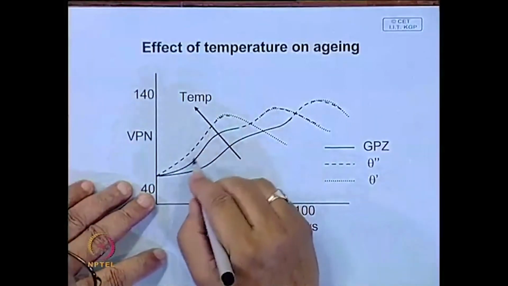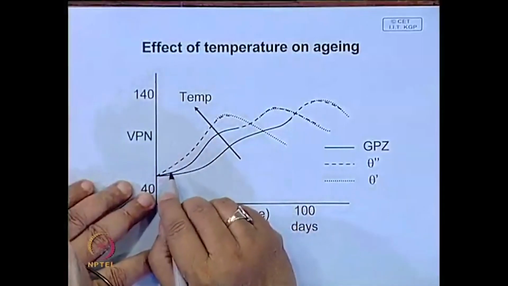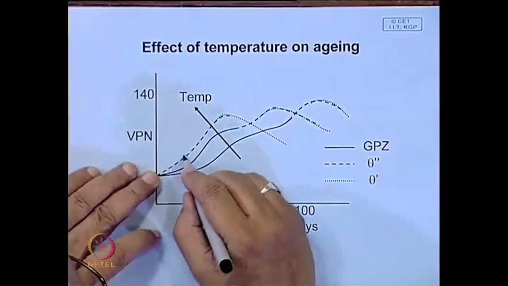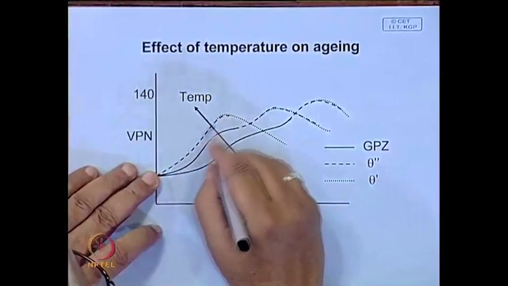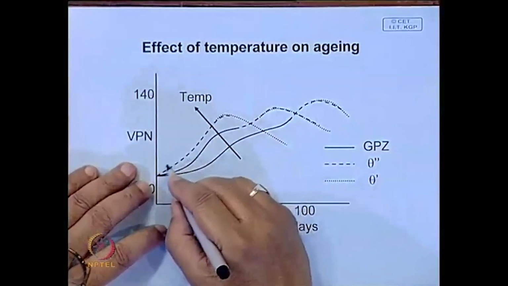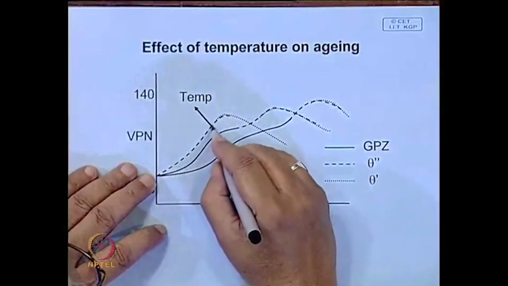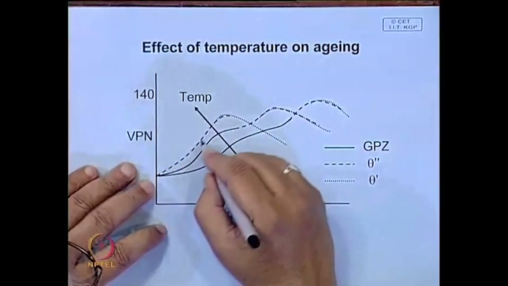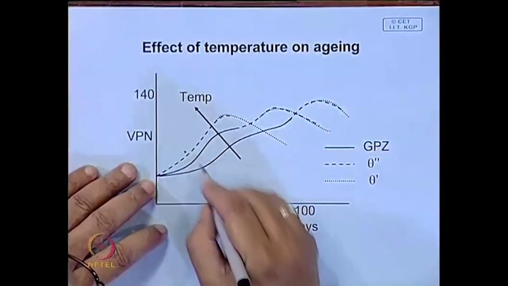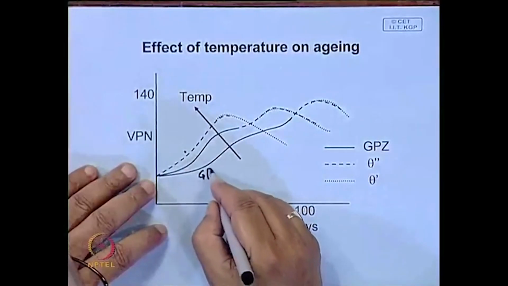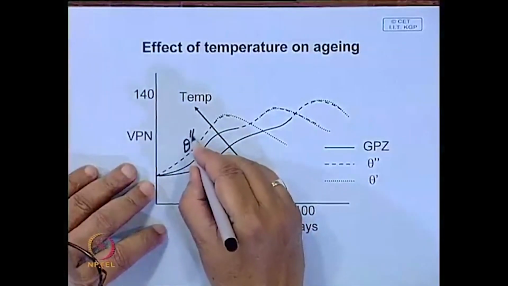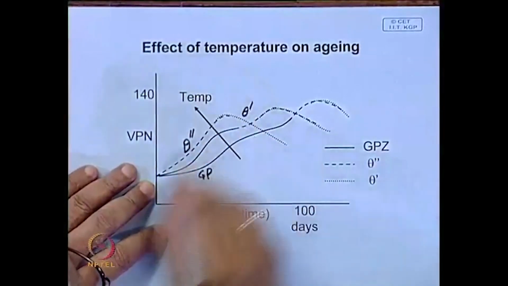So, if you age at a higher temperature, you have fewer precipitates. Suppose at the highest temperature shown over here, there is no chance of GP zone formation. GP zone formation takes place at a lower temperature, it has a solvus. So, this temperature is higher than the GP zone solvus. So, here you do not see GP zone, whereas here you have GP zone. Here you will have theta double prime, then theta prime.